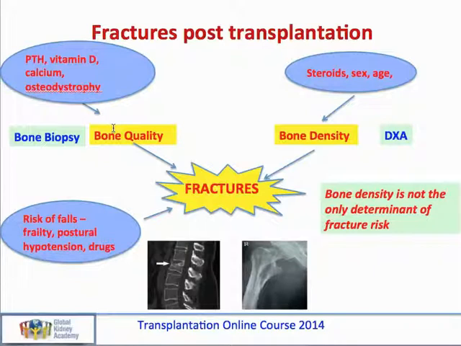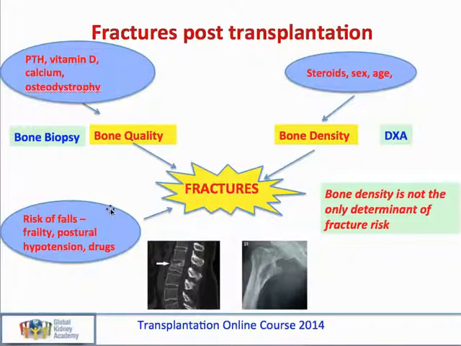There's a whole spectrum of bone abnormalities that will contribute to the bone having poorer quality. Levels of parathyroid hormone, vitamin D and calcium will all contribute to the development of osteodystrophy. The only way you can assess bone quality is to do a bone biopsy, and that's not something that's done routinely in many centres.